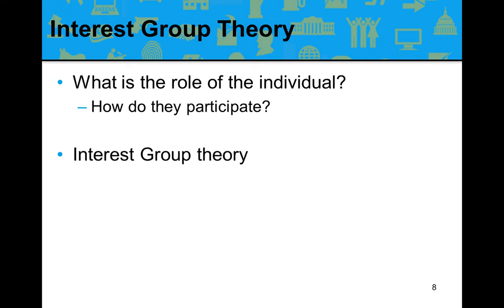Interest group theory, on the other hand, suggests that as a group, people might have more of an influence when they are coalescing around a particular interest. Okay? And there are several different theories that tell us about how interest groups behave. There is David Truman and pluralism.